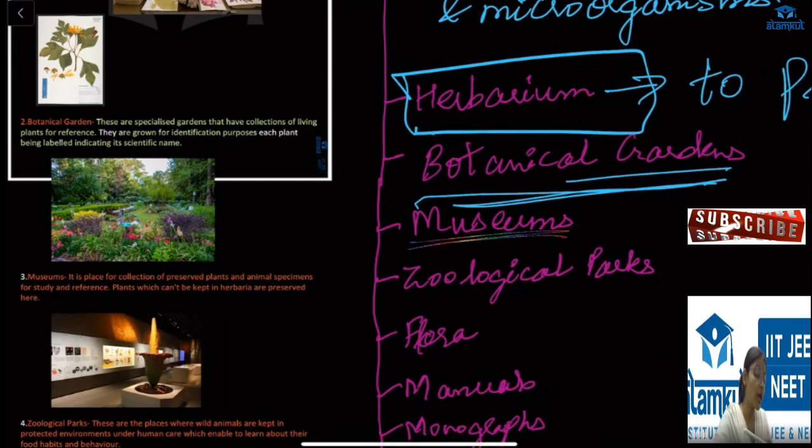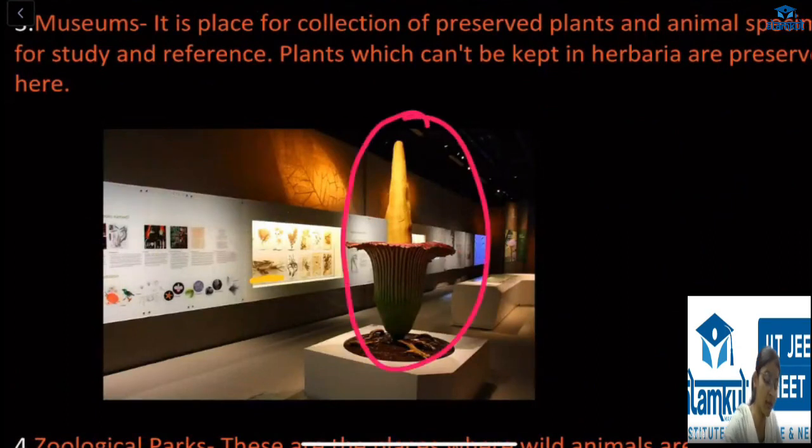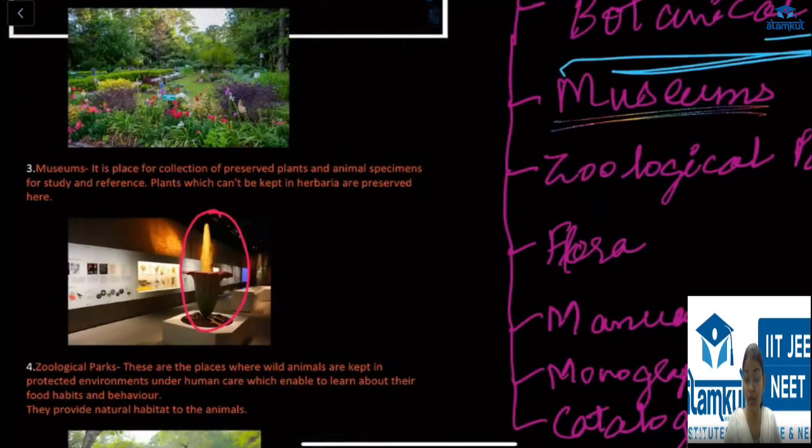Okay, so museums are the places where remains of plants and animals have been kept, and new findings about a plant, animal, or certain microorganism have been kept. Here in the picture you can see it is a cycas plant, which has been kept here in the museum for study purposes, for the references. And some kinds of preserved plants and animals have also been kept in the museum.